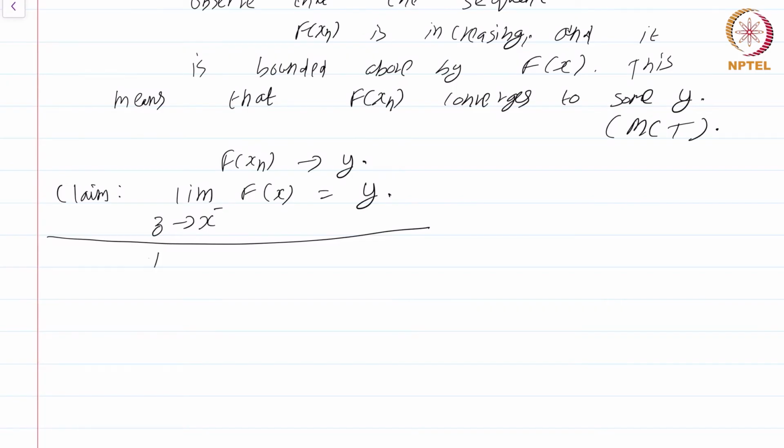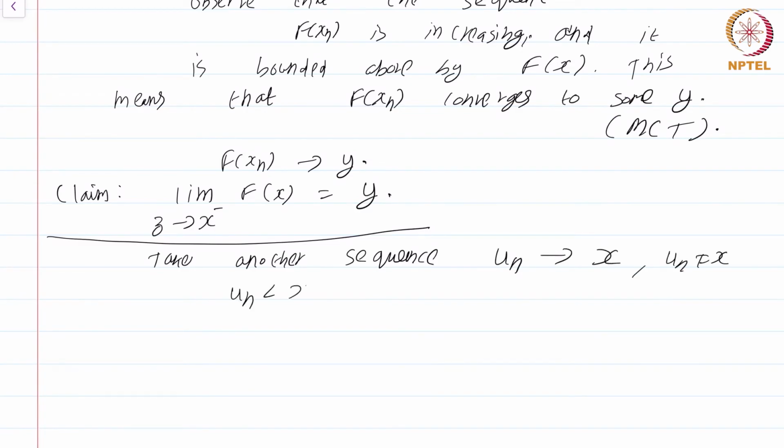Take another sequence u_n converging to x, u_n not equal to x, u_n less than x. Actually u_n less than x will cover the case u_n not equal to x. I'm just emphasizing the u_n's are never equal to x. So I'm just going to take any sequence u_n converging to x from the left. If I can show that f of u_n converges to just y, then we are done.